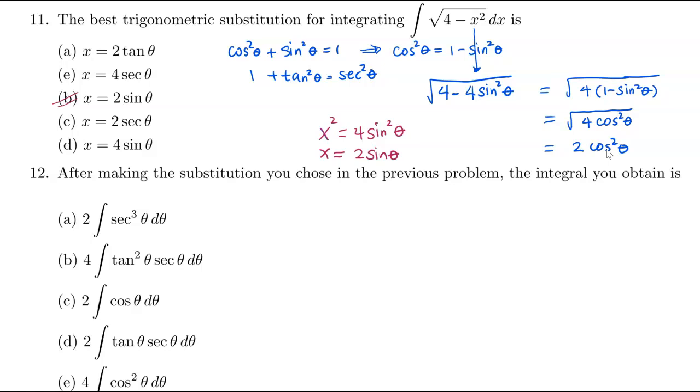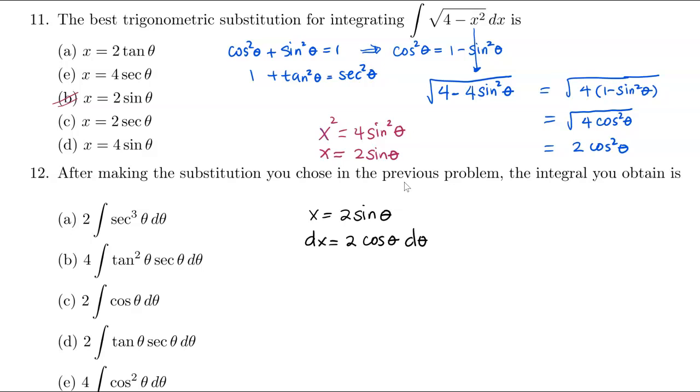Now, going back here, if you let x be equal to 2 sine theta, your dx is just equal to 2 cosine theta d theta.